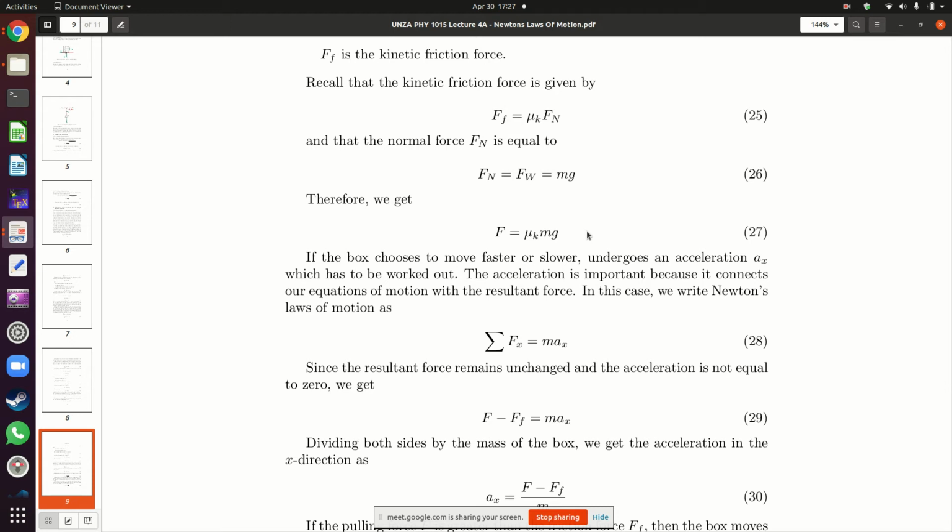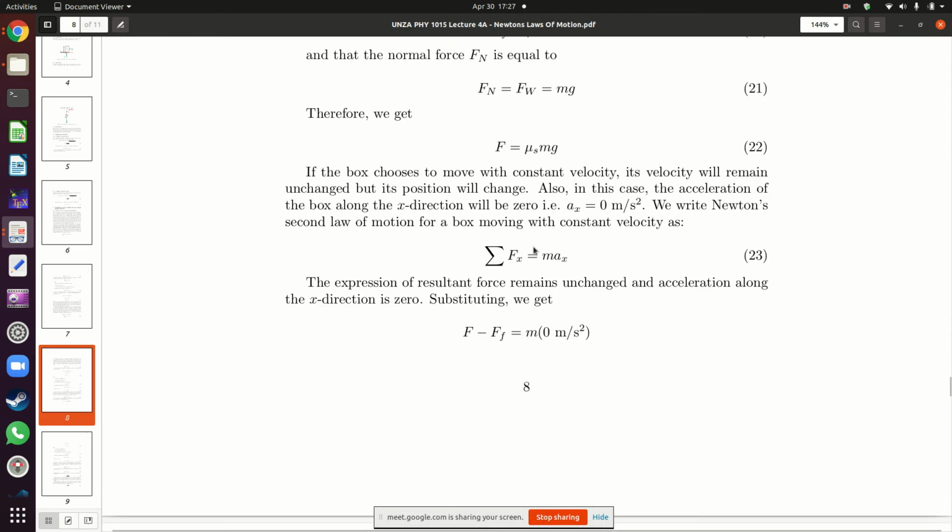The reason why it's greater is because the coefficient of static friction is greater than the coefficient of kinetic friction. This mu k is for kinetic friction. It's less than this mu s. Mu s is typically around 0.8, but mu k is typically around 0.1, 0.2.